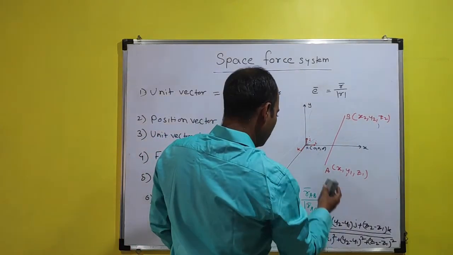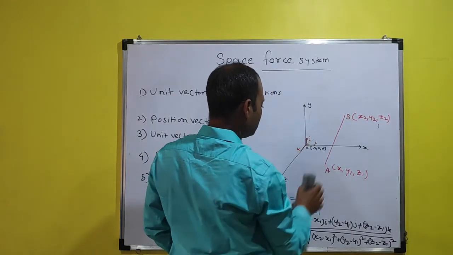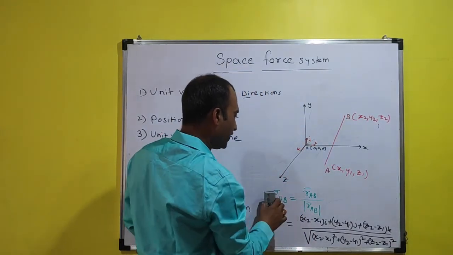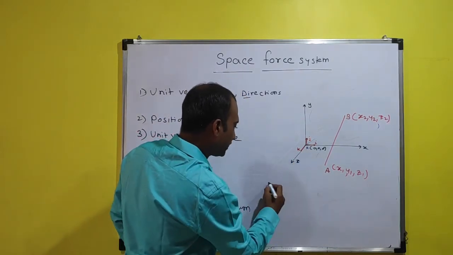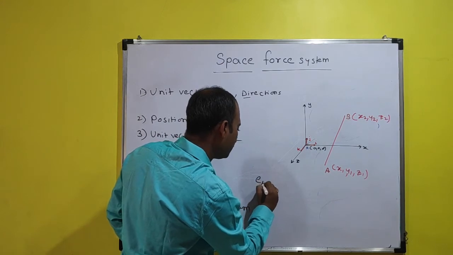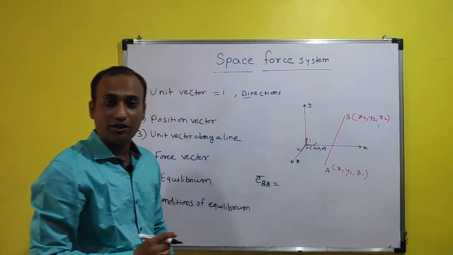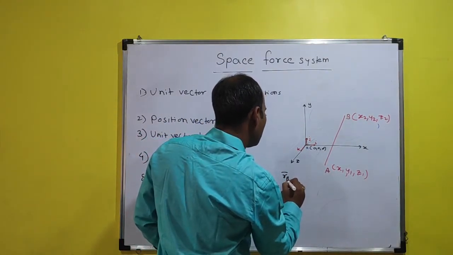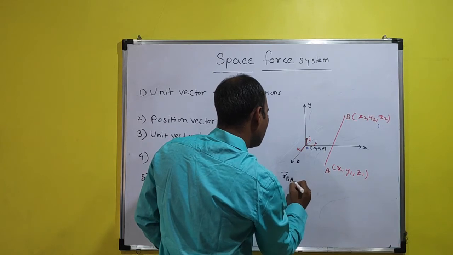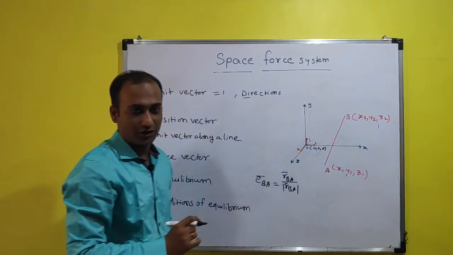So we will calculate the unit vector for the BA line. To calculate the unit vector of line BA, it will be again the position vector of BA divided by the magnitude of this position vector.